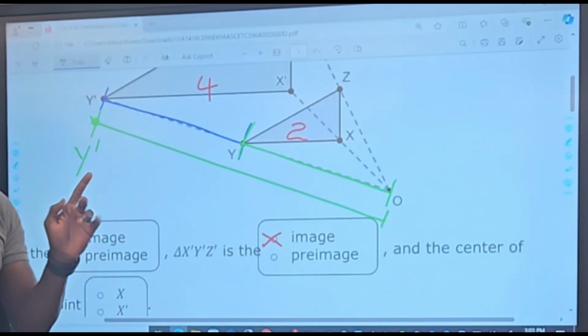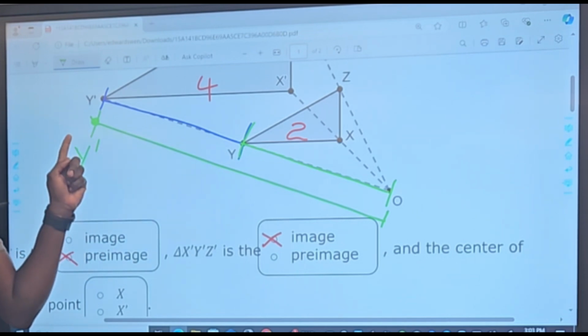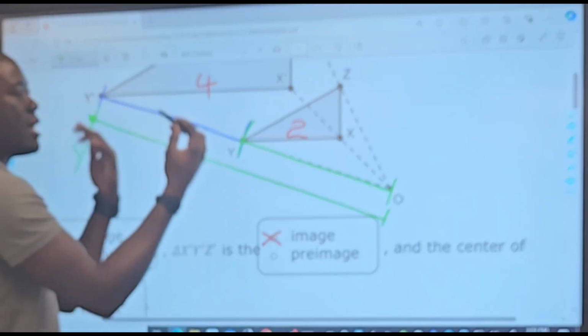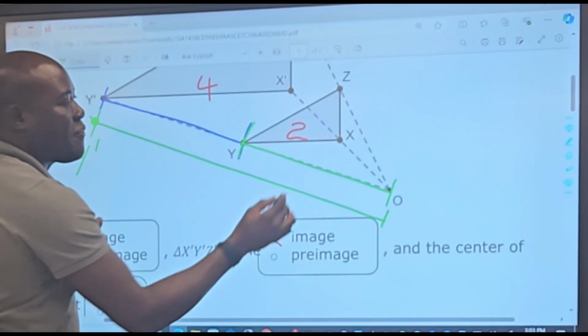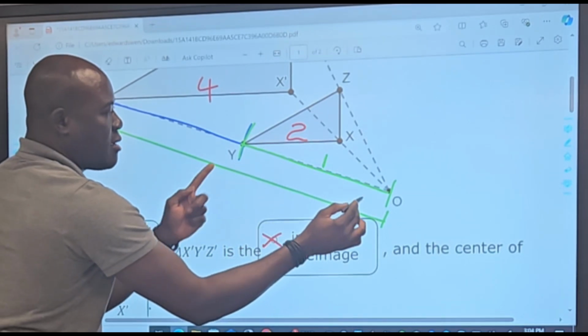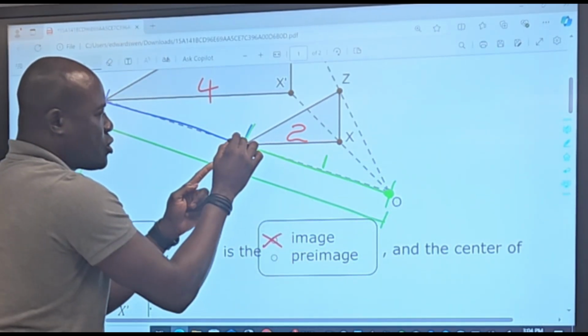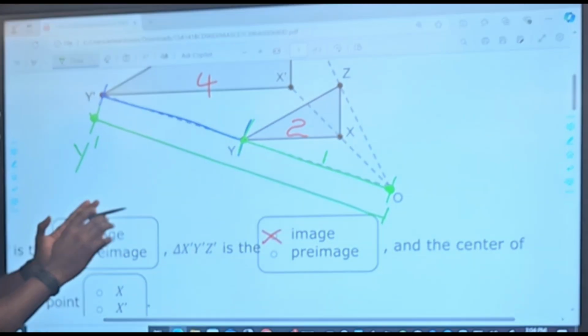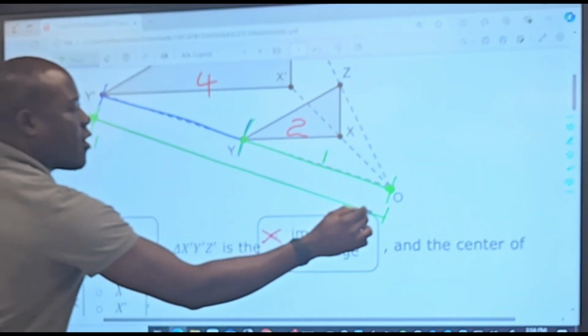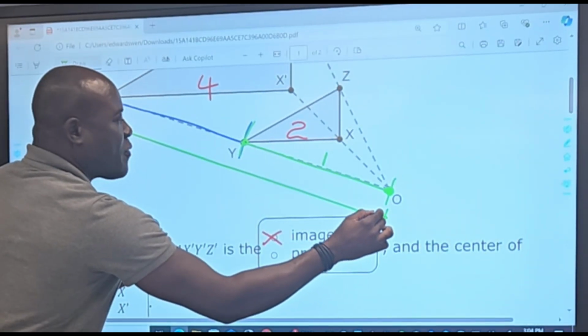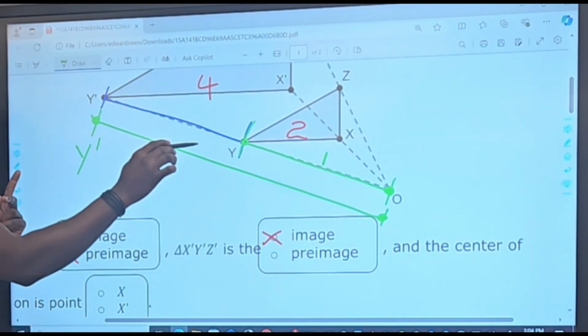Y prime is the corresponding point for Y. Now, if this distance is 1 from the center to Y, what will be the distance from the center of the enlargement to Y prime, the corresponding spot?